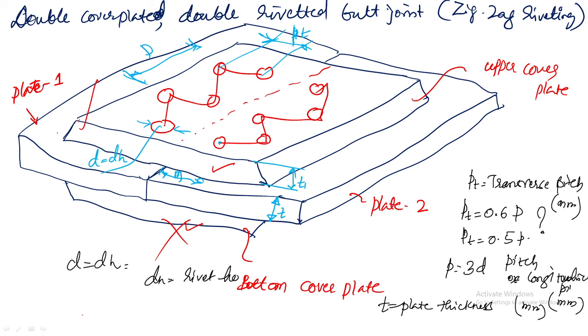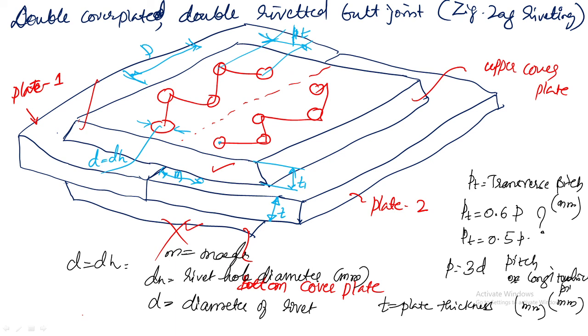Rivet hole diameter. d equal to the diameter of rivet. And m is what? Margin. m is margin. So t1 equal to thickness of upper cover plate or thickness of cover plate.